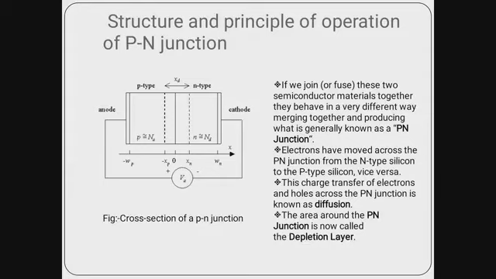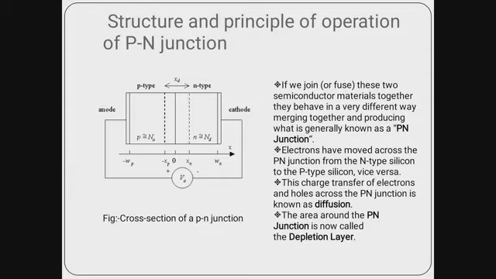As a result, after diffusion, electrons are migrating from the n to the p side. Similarly, holes are also migrating from the p to the n side, and due to these migrations of charged particles, what will happen?